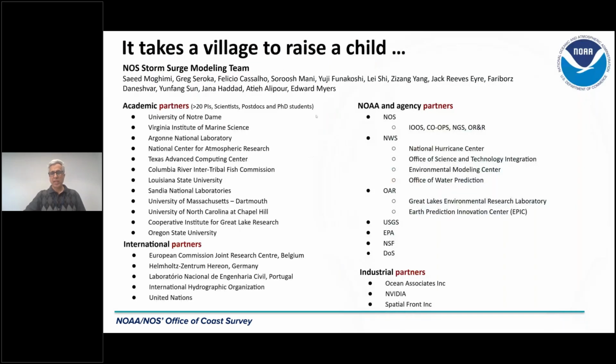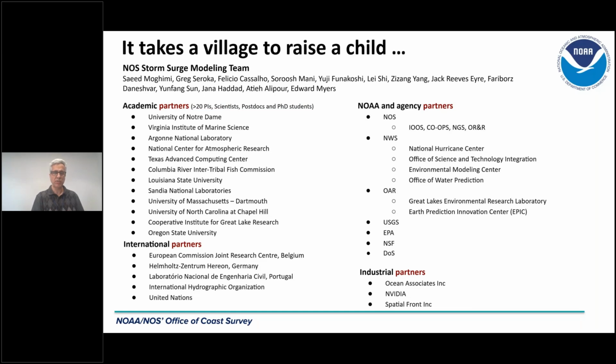So as you know, it's really not only 2 or 3 people moving this kind of modeling portfolio that we are doing, and I'm going to talk a little bit more about that in the next slide. So we have a group of people at NOS Storm Surge Modeling Team, as you can see up top, as well as a good network of partners.